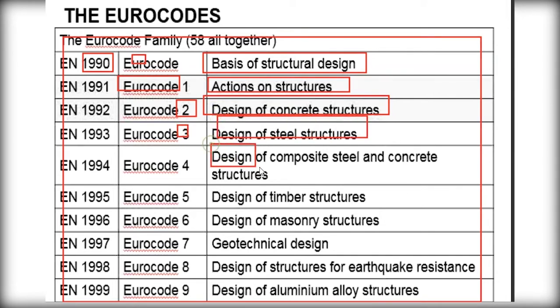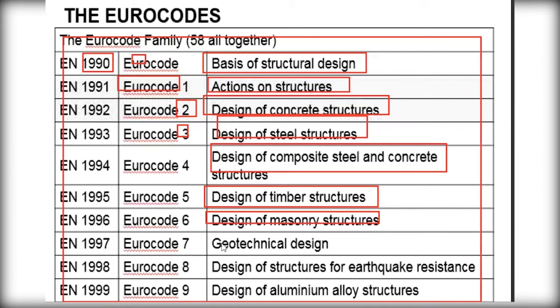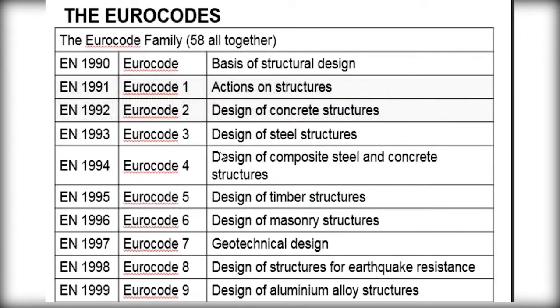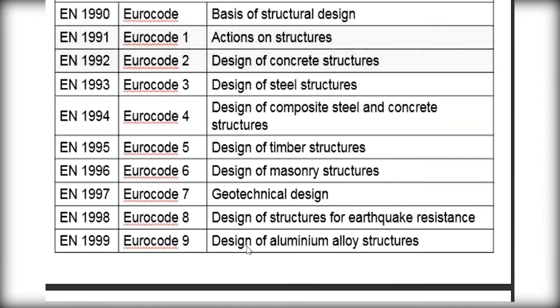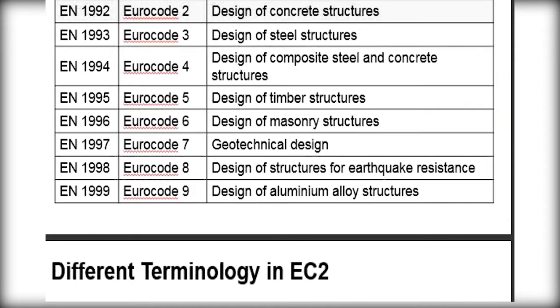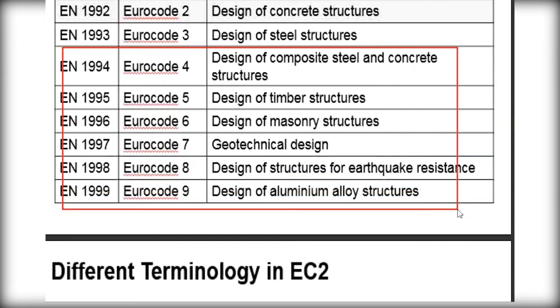So it is categorized depending on which kind of design, whether it is timber or masonry or whatever you want to design. So the specification of the code or standard depends on which kind of structure you want to design, whether it is timber or steel structure or composite structure or whatever. So you can pass through and select the actual standard you want to use. It depends on the structural integrity of the members.